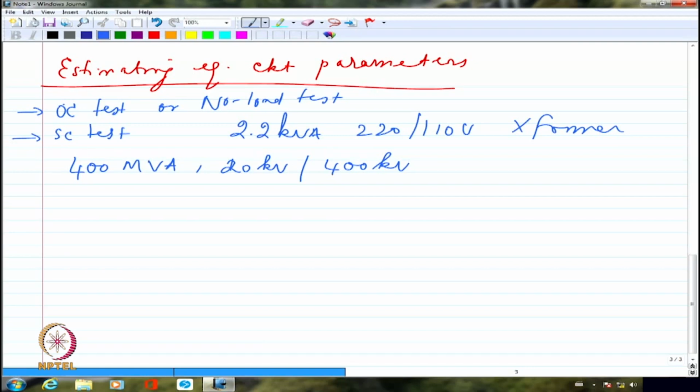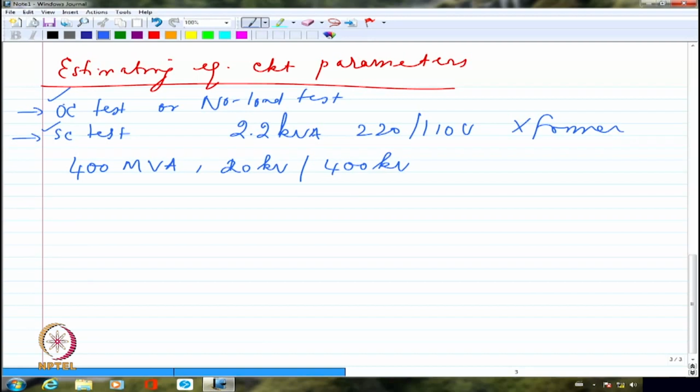So rather than doing that, I can create a condition which will be equivalent to loading it fully, without actually loading it. And that's what we do in these two tests. In the open circuit test and short circuit test, we essentially put the transformer through an operating condition which will emulate the normal loading condition, although not simultaneously.